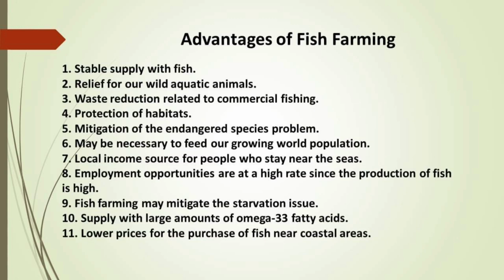The skins of seafood, salmon, and other fishes is also tanned and converted into leather. For the advantages of fish farming, first we have stable supply of fish, relief for our wild aquatic animals, waste reduction related to commercial fishing, protections of habitats, mitigation of the endangered species problem, may be necessary to feed our growing world population, local income source for people who stay near the seas, employment opportunities at a high rate since the production of fish is high.